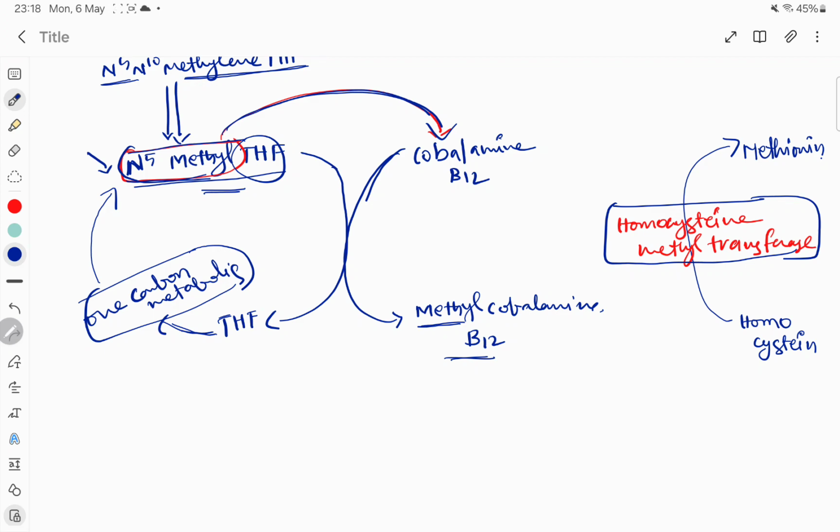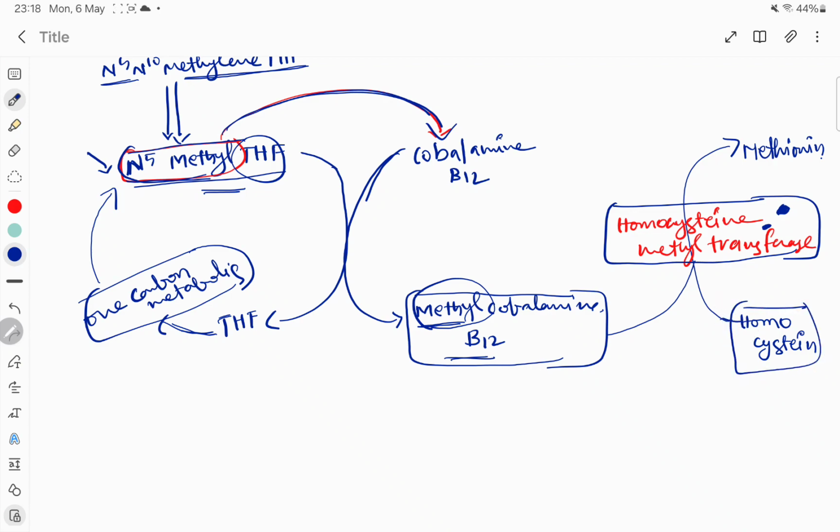The coenzyme is methylcobalamin, the methylcobalamin form of B12, which activates homocysteine methyltransferase. Once activated, this enzyme takes up the methyl group from methylcobalamin and shares it to homocysteine. The activated homocysteine methyltransferase shares the methyl group to homocysteine.